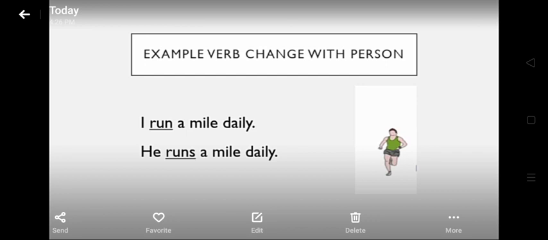But in the second example, he is in the third person, so the verb is runs. Even the verb that we are using here is a singular one. He is in the third person singular, so the verb is runs. So we can say run and runs undergo change depending on the person of the subject. So both the verbs are finite verbs.